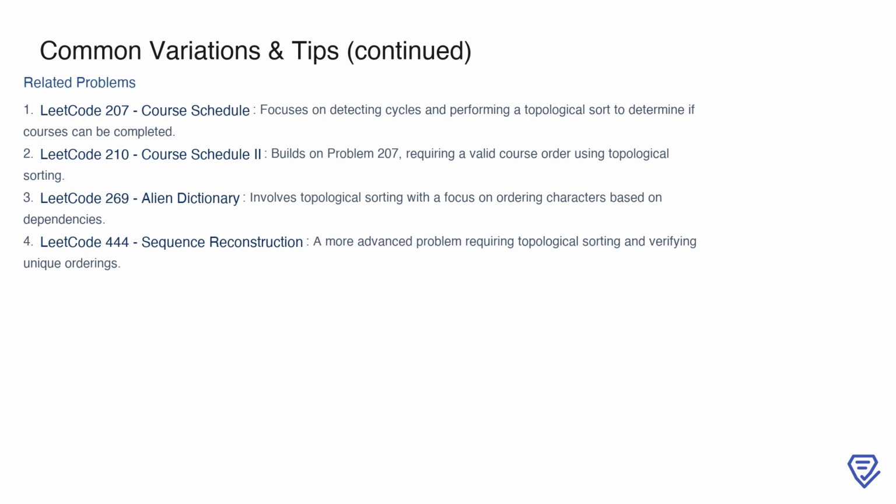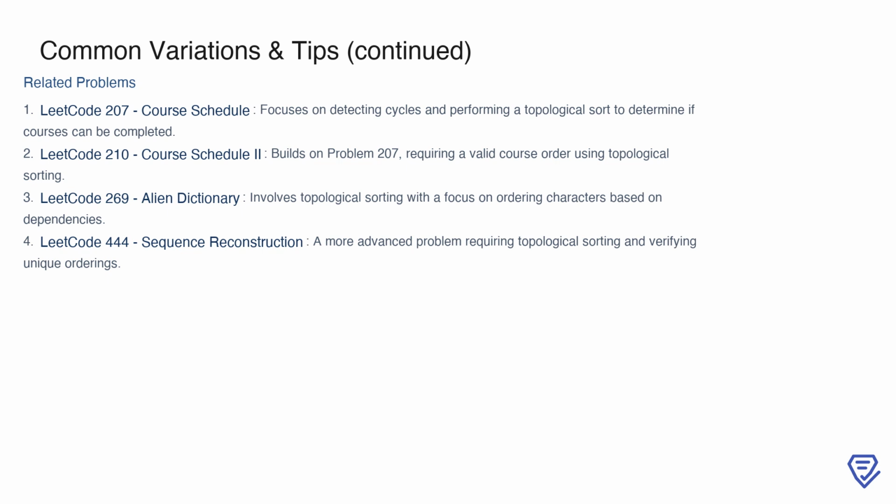Another interesting problem is LeetCode 269, Alien Dictionary, which uses topological sorting to determine the order of characters in an alien language based on given constraints. Finally, LeetCode 444, Sequence Reconstruction, is a more challenging variation that involves not only topological sorting but also verifying if a unique ordering exists. Exploring these problems can deepen your understanding of the patterns and techniques that are central to solving graph-based dependency challenges.